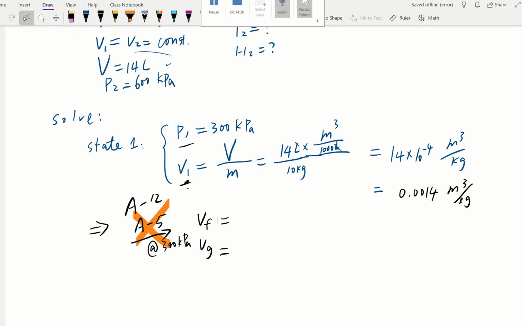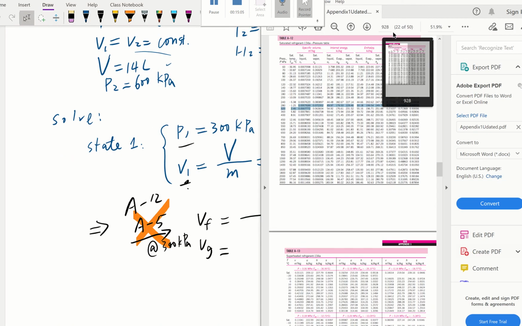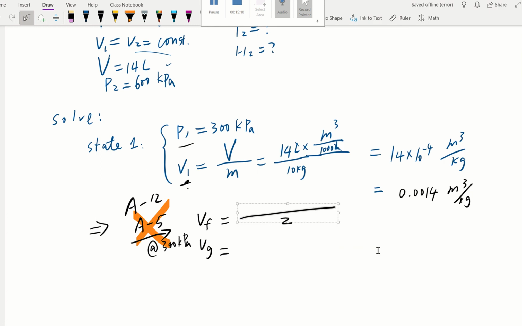Okay, so let's go look. VF, since 300 is the midpoint between 280 and 320, we're going to use those two values right here. It's a small value, right? So I'm going to take a picture of that and put it over here.